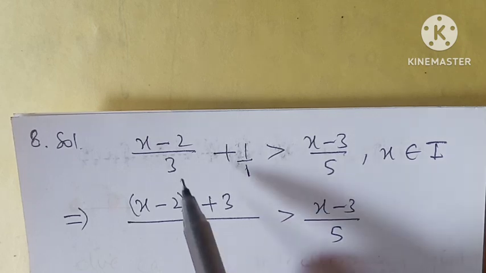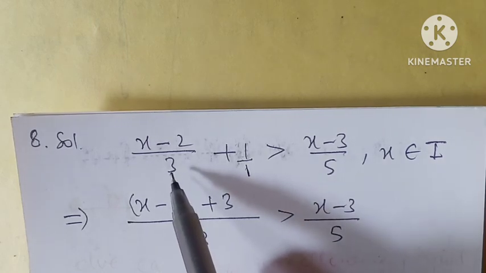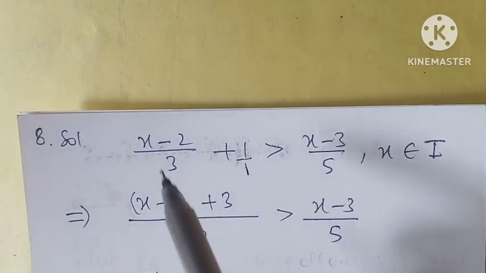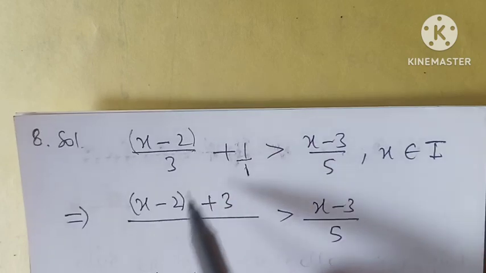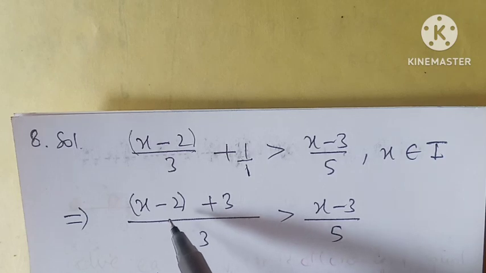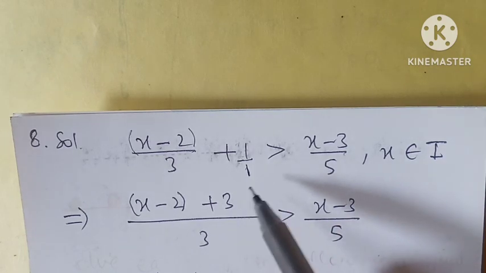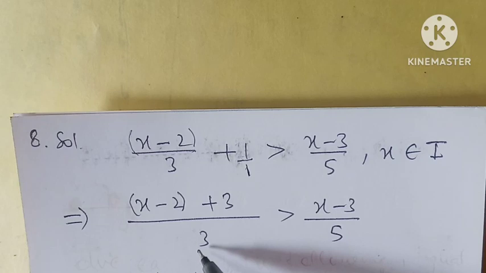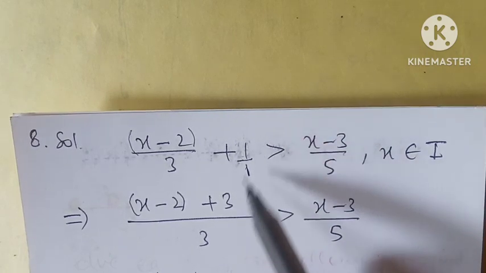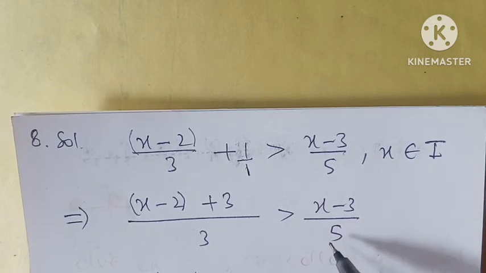Now divide the LCM by the denominator, this 3, then we get quotient 1. Now multiply this quotient with x minus 2. It is 1 multiply x minus 2, it is x minus 2 only. Same procedure will be done for this. So divide 3 by 1, we get 3 and multiply 3 with 1, we get 3.